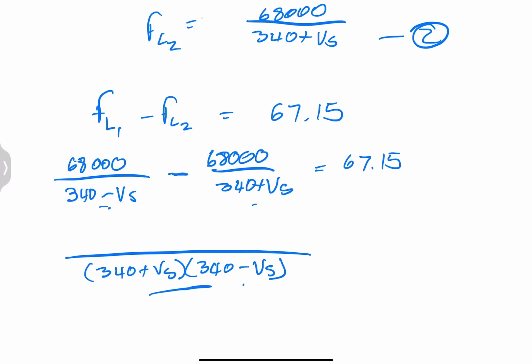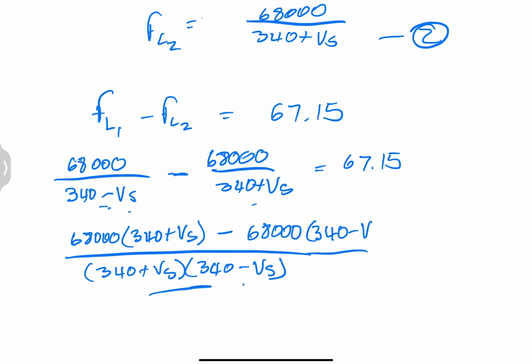The ones with the minuses will actually cancel, and I'll have 68,000 into 340 plus Vs in the first one, minus 68,000 into 340 minus Vs.